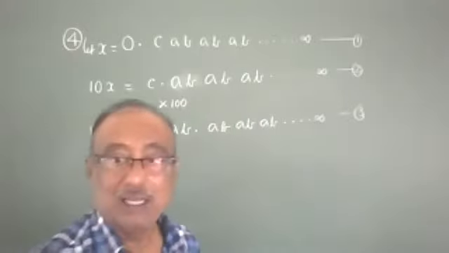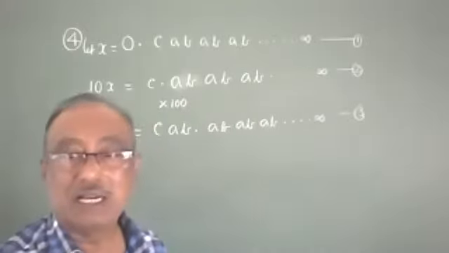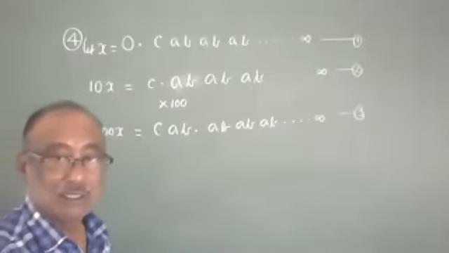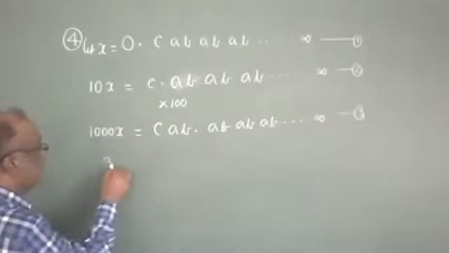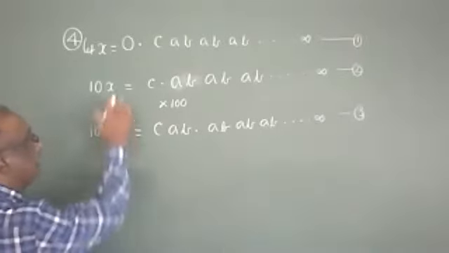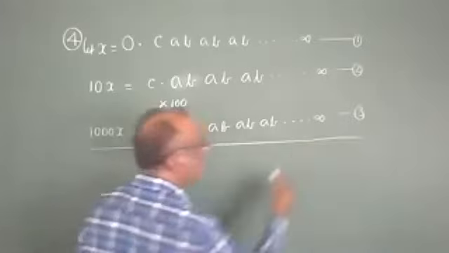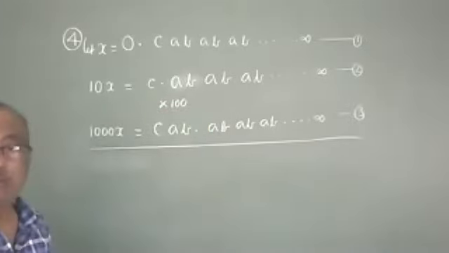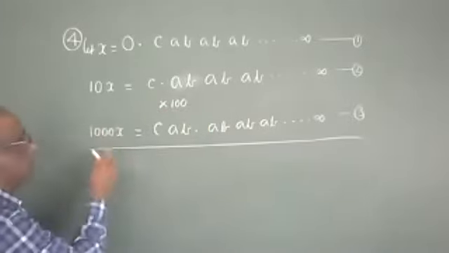Is it clear? Now the third equation minus the second equation, these two subtract. What happens? 1000x minus 10x.